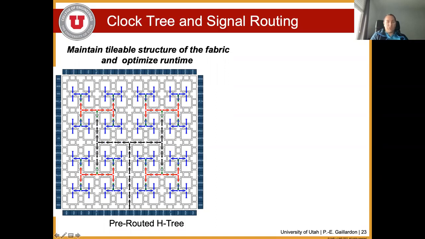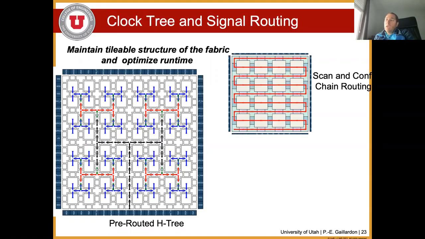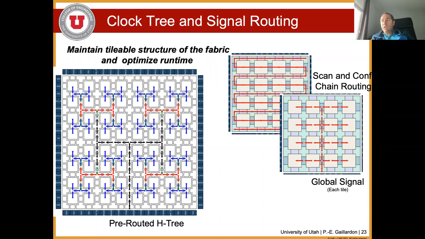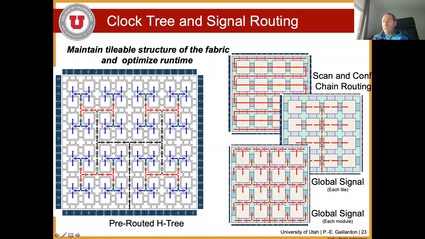I need to account for some blocks. I need to generalize as much as I can the uniformity of my system. And that's important, and we do that by pre-routing an H-tree. We do that for scan chain and configuration routing, global signals going to each tile or going to each module.